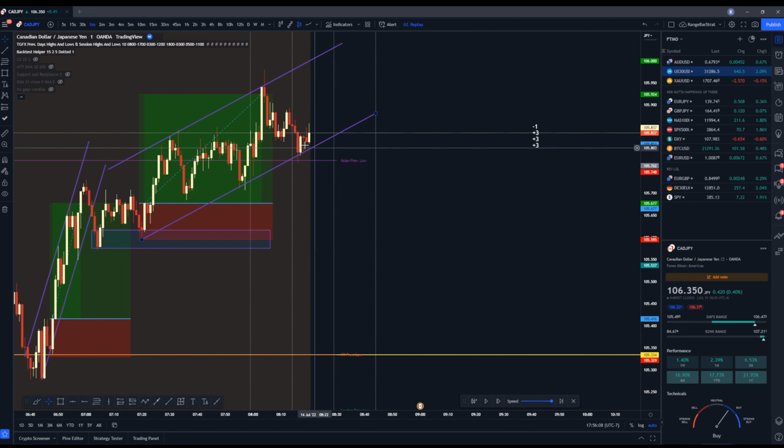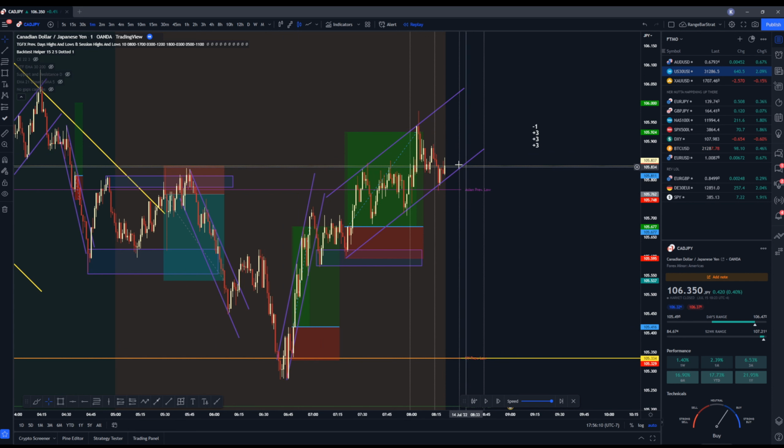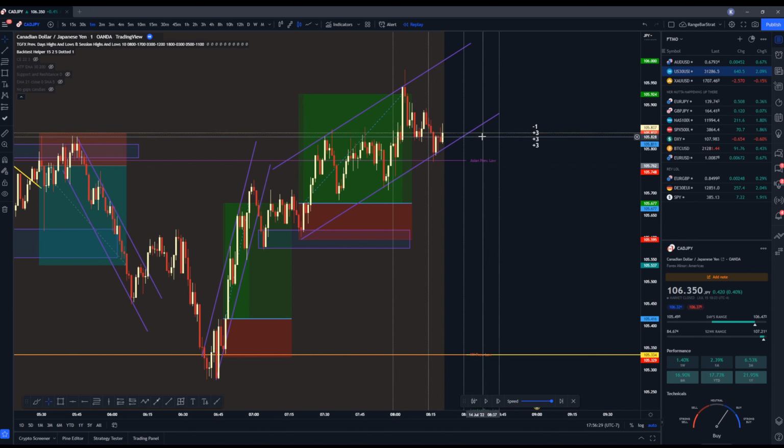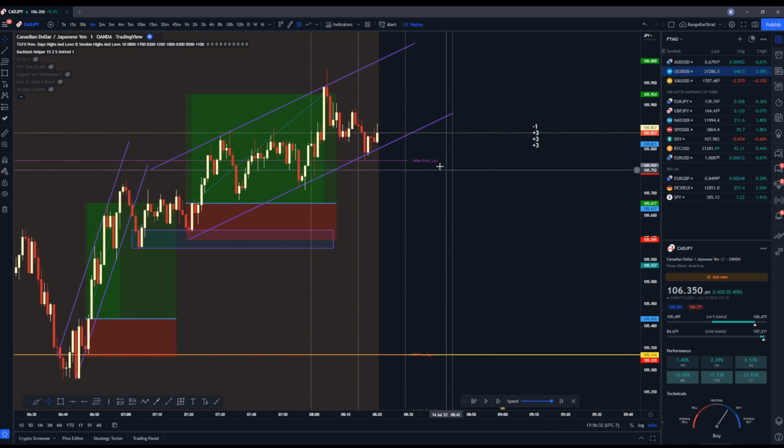I could make a case for a buy here. We haven't had any significant pullbacks. That's the only thing that's going to be really awkward, because you're kind of high up here. It's moving sideways a little bit, but we do have the third touch of the trend line.